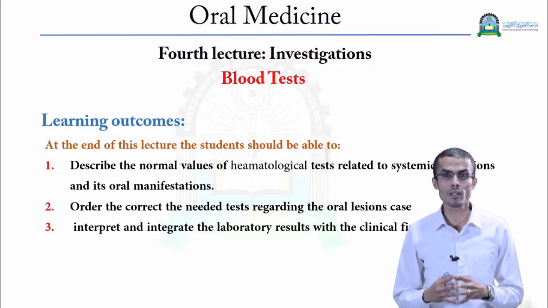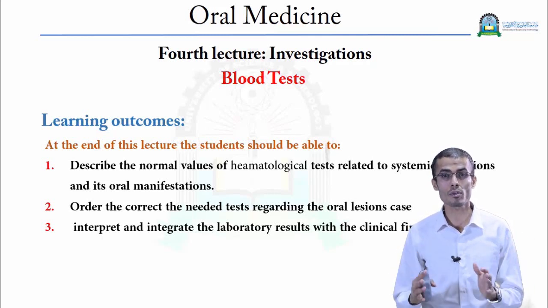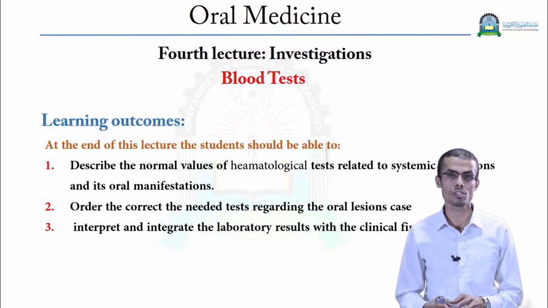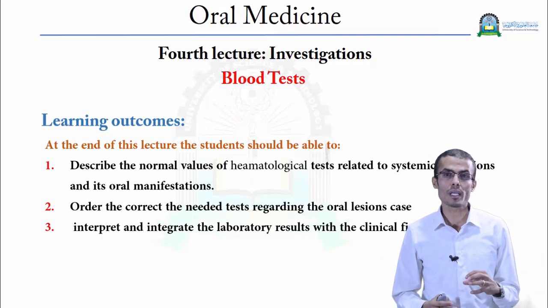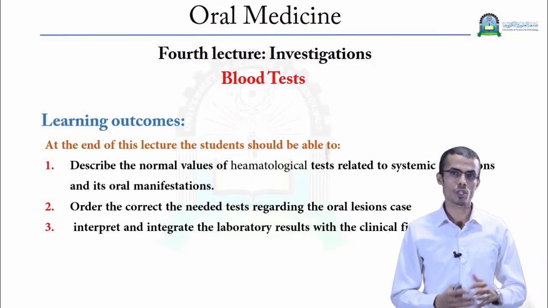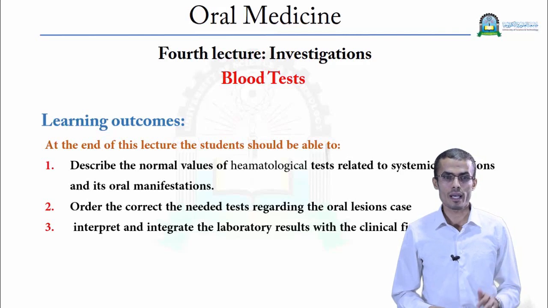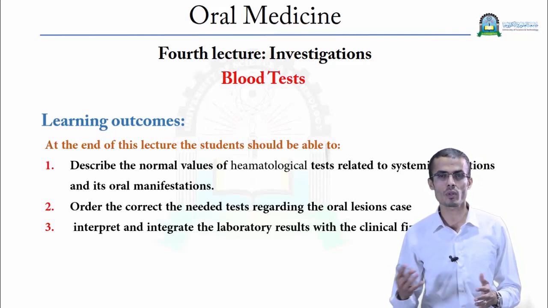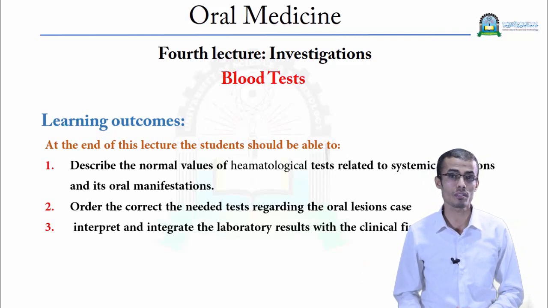You should deal with your patient as a whole regarding the review of systems, correlate the findings with the general systemic conditions, correlate these findings with the oral lesions, and also correlate the systemic conditions with the oral manifestations of those conditions.